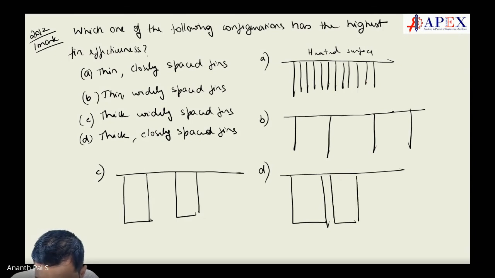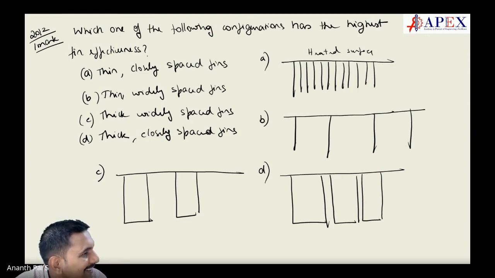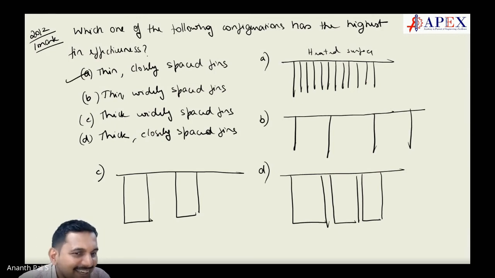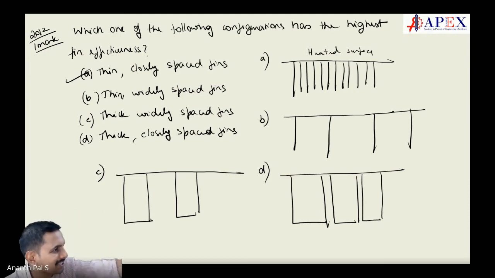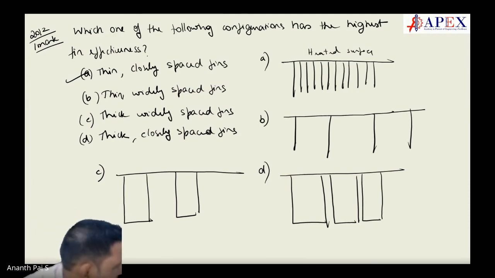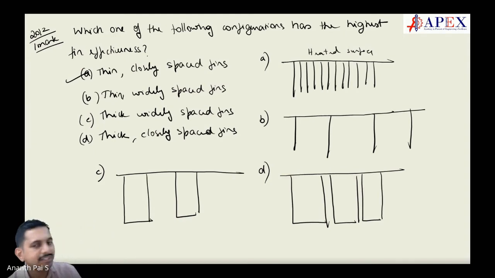A, thin, closely spaced, of course. Like the AC condenser, the fins are close, but they should not touch each other. There should be space for convection.